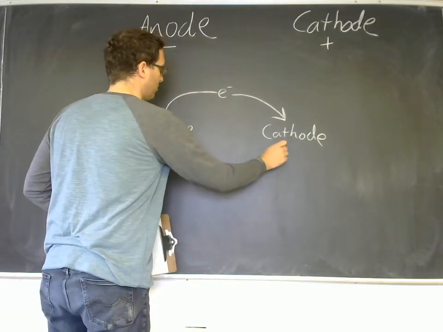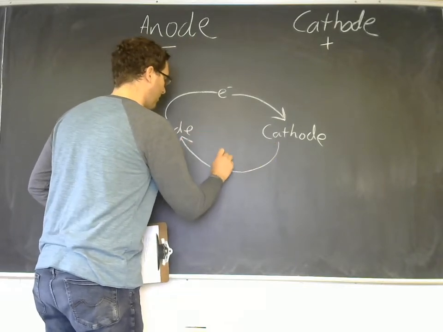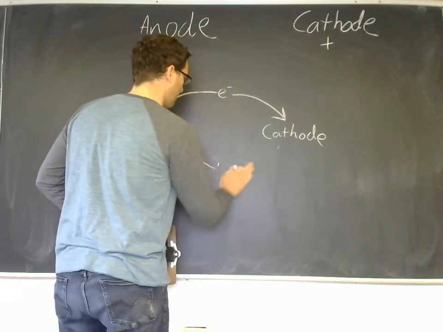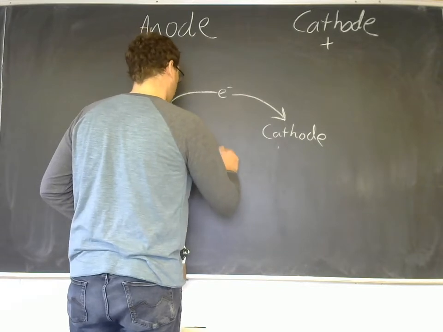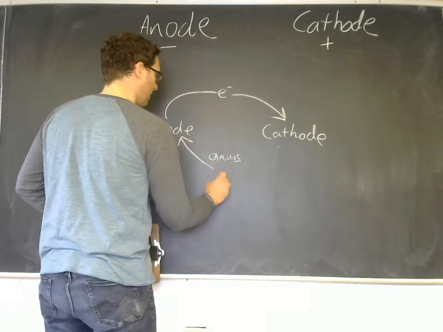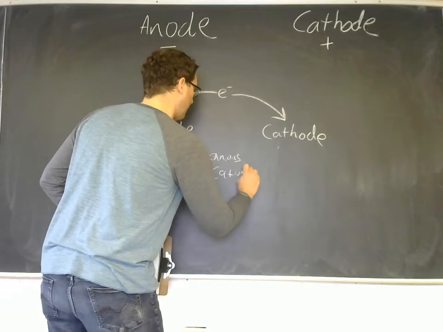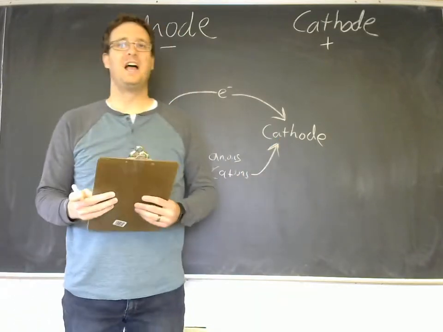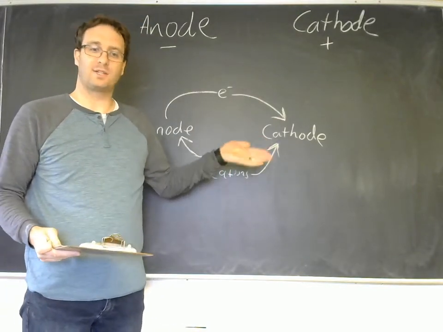And so over on this side, we'll have the ions from the salt bridge. I guess technically, let me be a little bit more clear here. We're going to have the anions flowing this direction. Anions flow this direction, and the cations flow that direction. Okay, sorry about that. And this flow of anions represents electrical current.